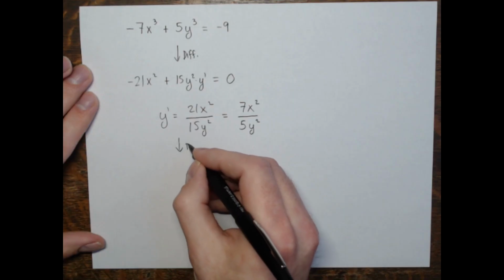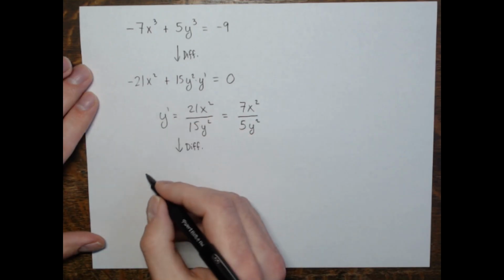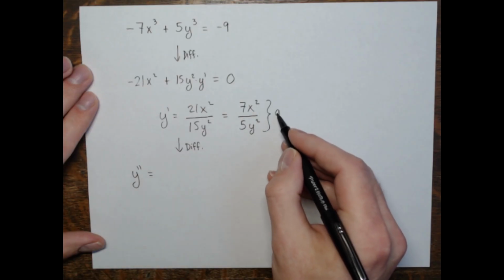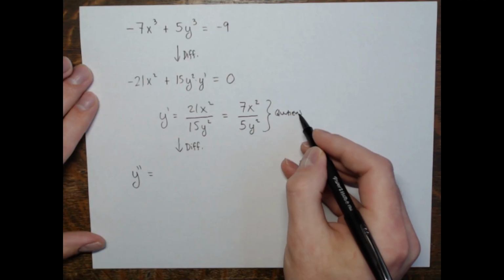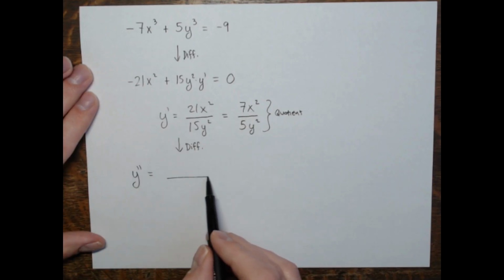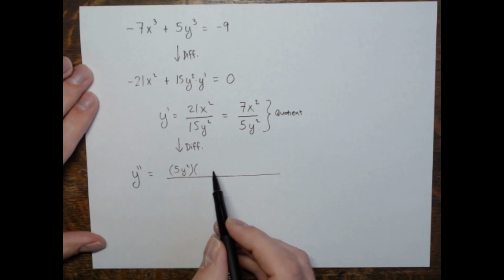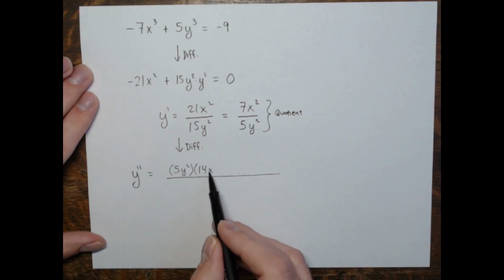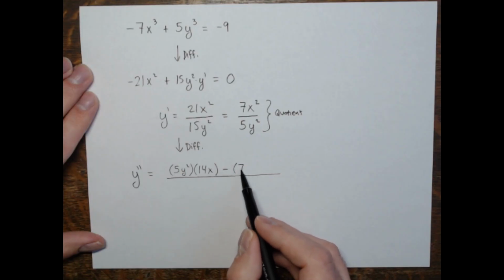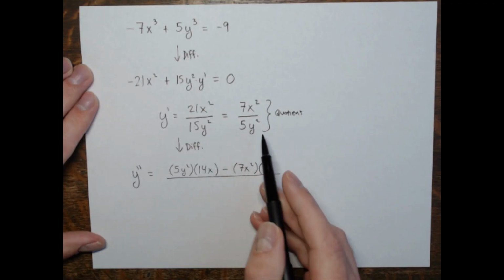And then I'm going again, right? They do want an expression for y double prime. So now the left side is y double prime, and on the right side I've got a quotient once again, very similar to problems from earlier in this same objective. So I'm doing the quotient rule. So denominator 5y squared, derivative of the numerator 14x, minus the numerator the way it is, 7x squared, times the derivative of the denominator, which I'd be applying the chain rule to.